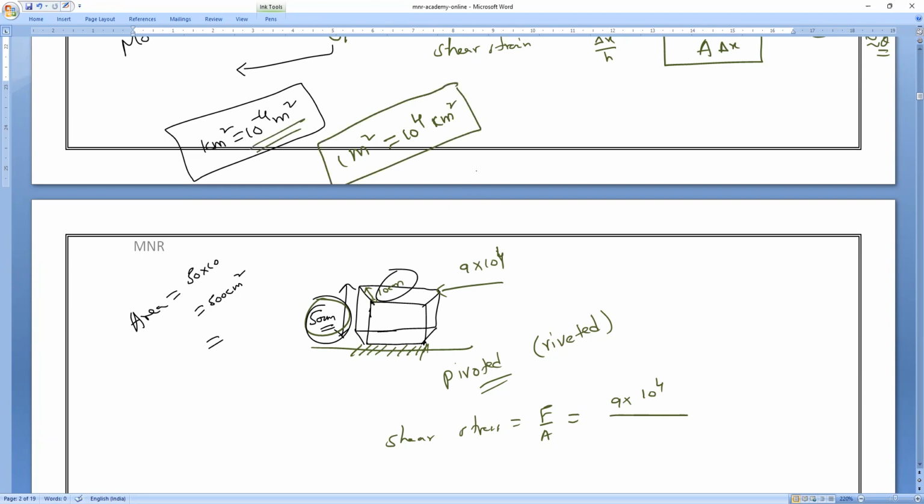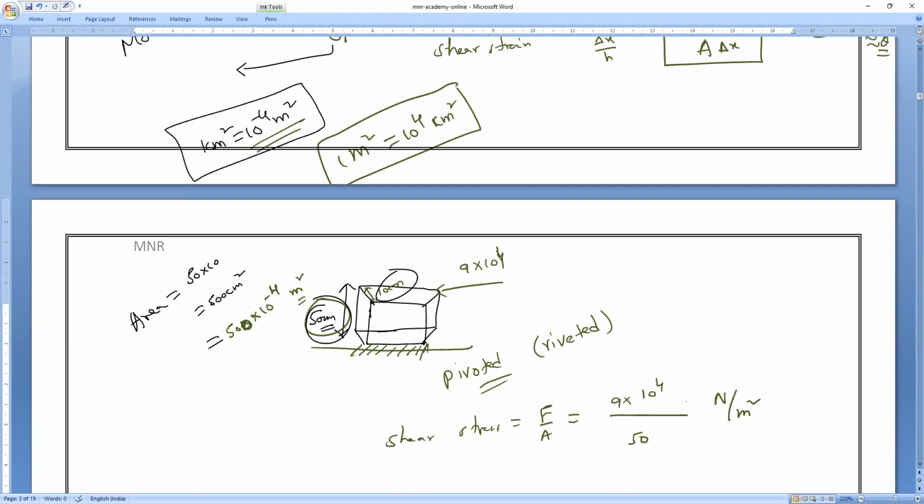Understand? So the area is 500 into 10 power minus 4. That is the area, so square meter will come, and the unit is Newton per square meter.